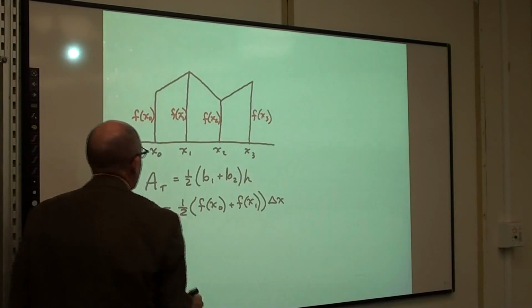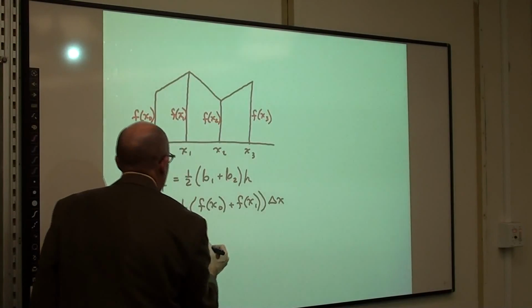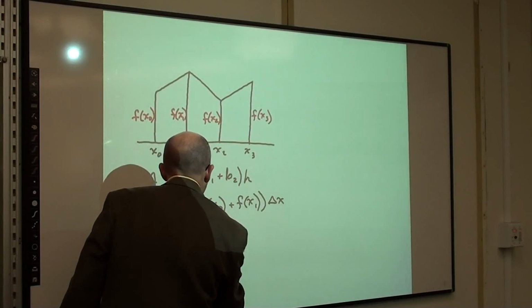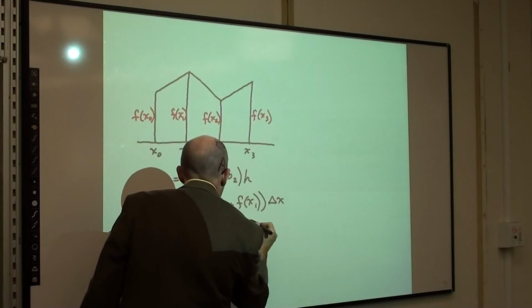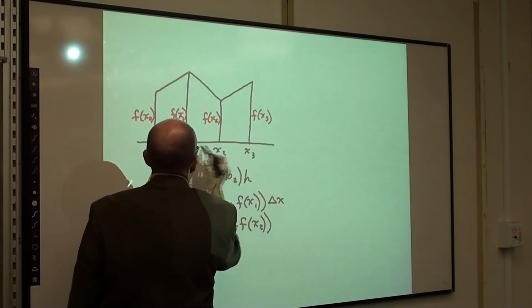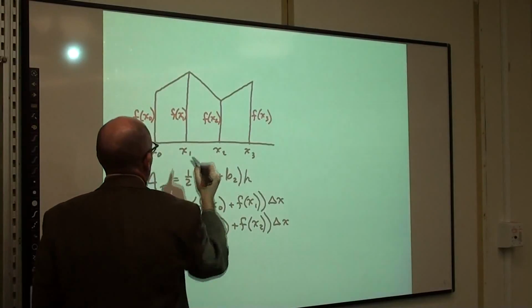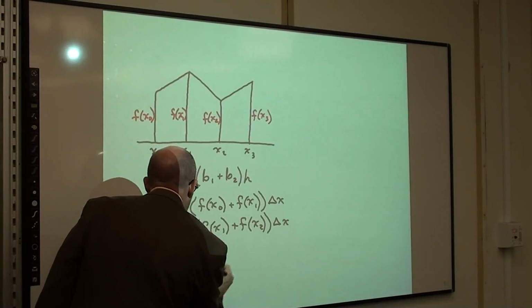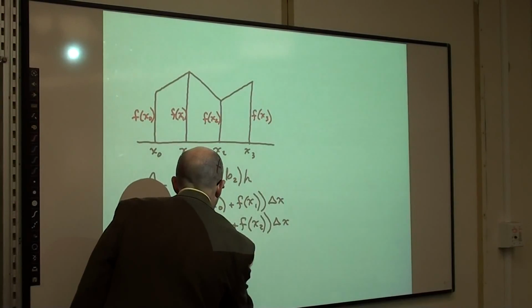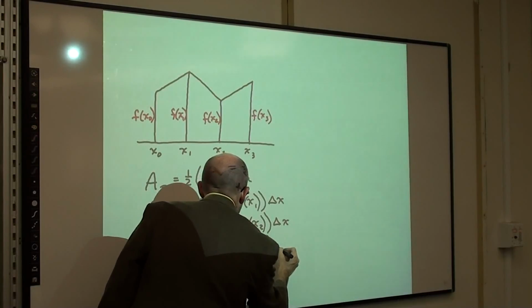That's our first trapezoid. Now our second trapezoid is going to be 1/2 times f of x sub 1 plus f of x sub 2, times delta x. Plus, the third trapezoid is going to be 1/2 times f of x sub 2 plus f of x sub 3, times delta x.